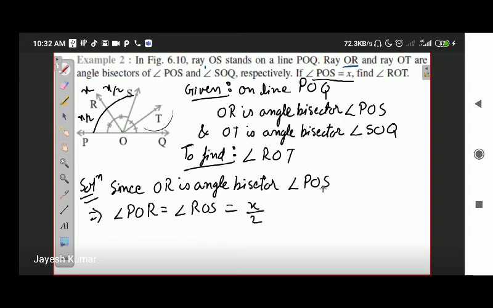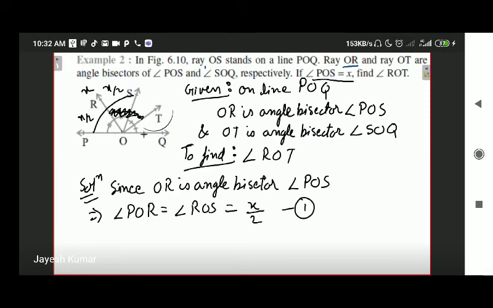Why x upon 2? Because value of angle POS is x. Okay, so its half will be x upon 2. Let's move on. We have to determine the value of angle ROT. We have to determine this part. Okay, so now let's see.